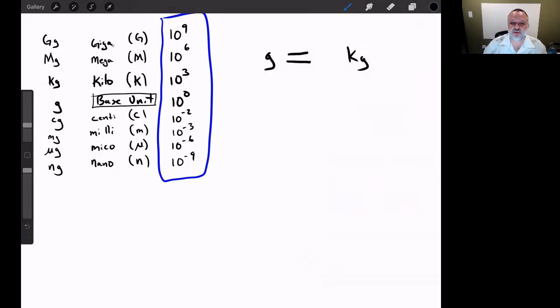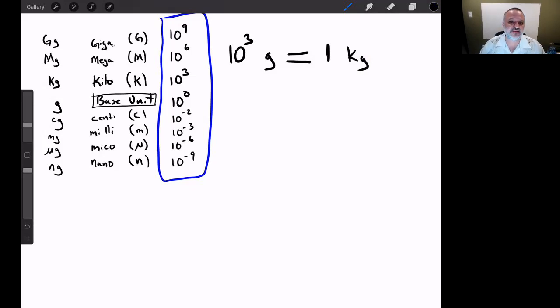This is how I do it. I use the definition. Where do I put the definition? I put the definition with the base unit. Every time I'm going to do this. Where do I put the exponential definition? I put it next to the base unit. So I write 10 to the third here with the base unit and not the prefixed unit. With the prefixed unit, I just use 1.